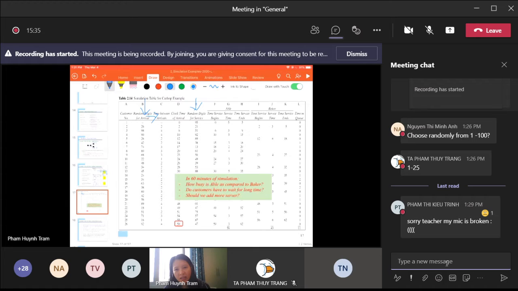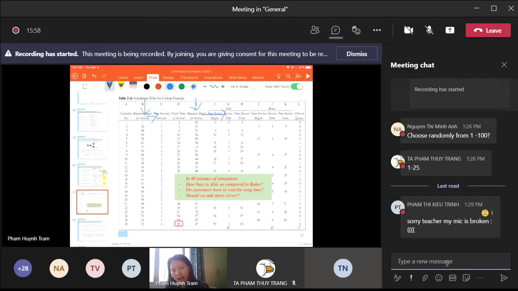Okay, so the performance output we have to monitor in this is the service time. I mean, we want to see at the end how busy Able is and how busy Baker is. So we will monitor the service time of Able and Baker.